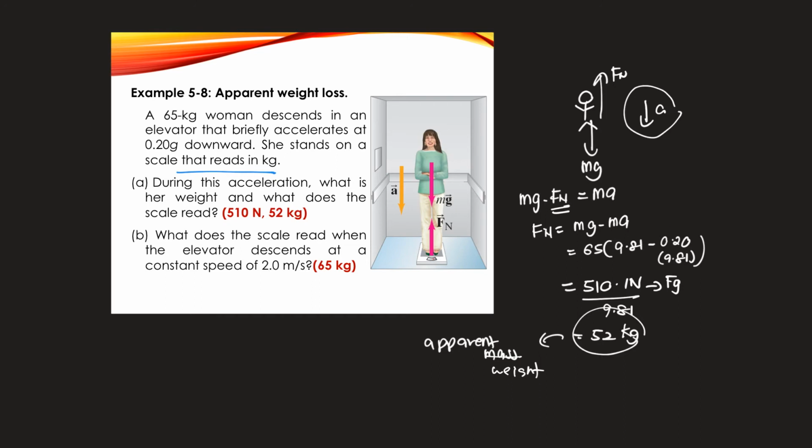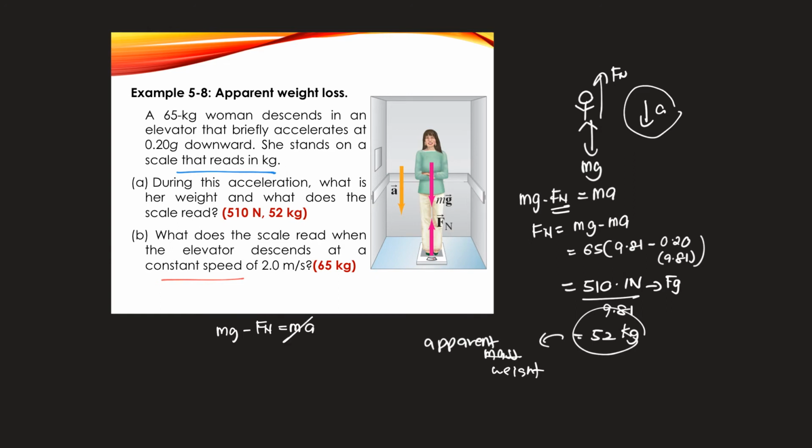Okay, so what does the scale read when the elevator descends at a constant speed of 2 meters per second? When you have constant speed, it means your acceleration is going to be 0. So based on the equation itself, and they state descend, mg minus Fn equals ma.